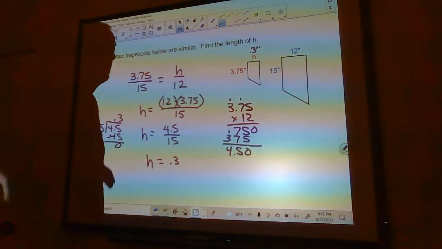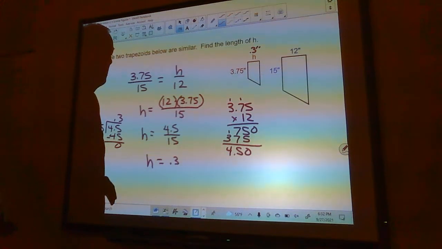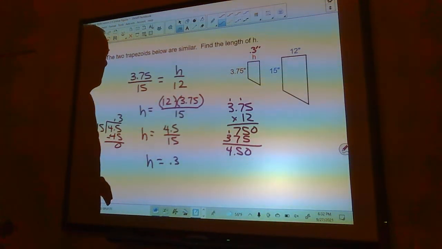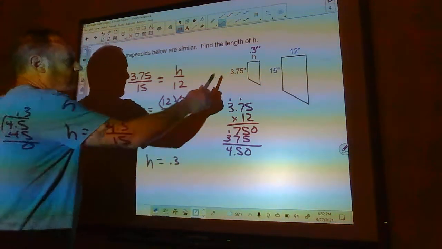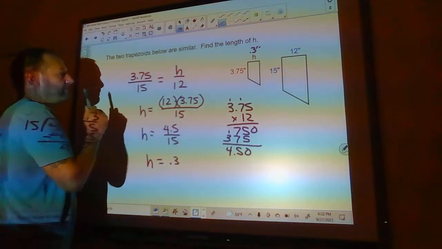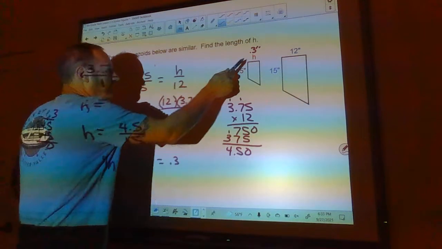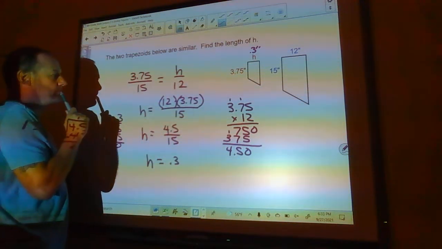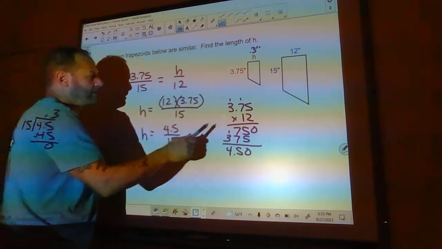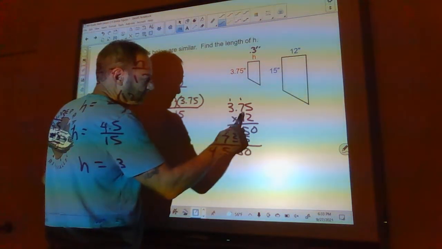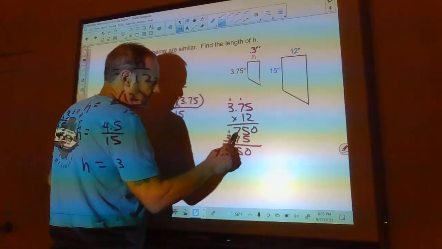Boy, that doesn't seem right. 3.75 is to 15. The small one's on top on both of them. Did I multiply this right? 10, 14, 15, 6, 7.